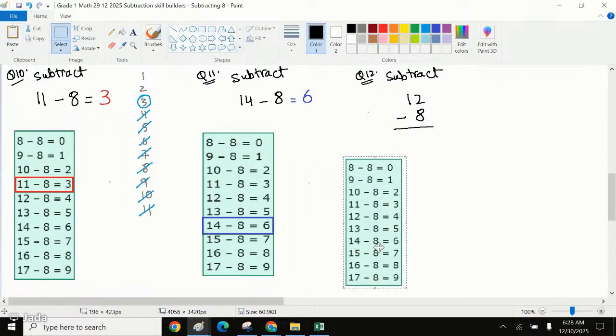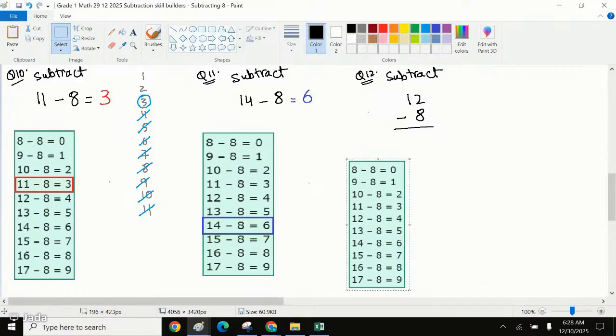Either we can find it through the grid, or we can write down the numbers 1, 2, 3, 4, 5, 6, 7, 8, 9, 10, 11, and 12.